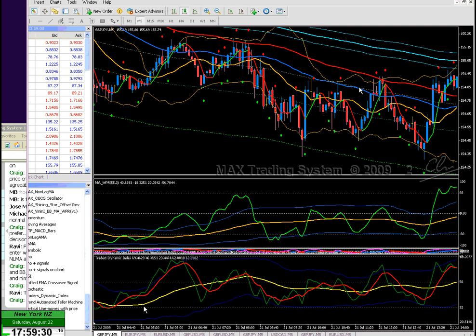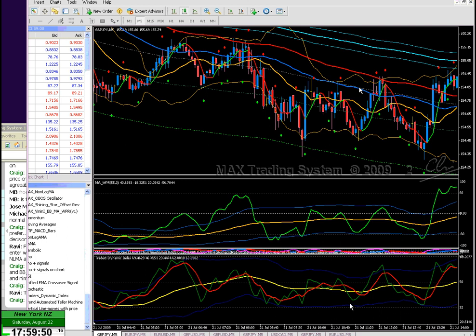When the TDI is up, and preferably above the 50% line, your trend will be up. If the yellow line is pointing down, and preferably below the 50% line, your trend will be downward, and you will trade short.